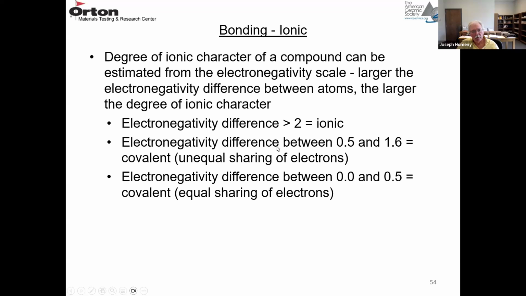If the electronegativity difference is between 0.5 and 1.6, now you're having some covalent character showing up, and you have some unequal sharing of electrons. And if the electronegativity difference is small, 0 to about 0.5, you have covalent bonding and you have an equal sharing of electrons.